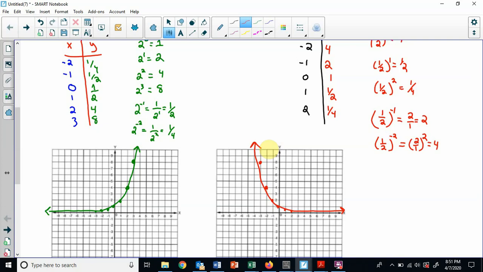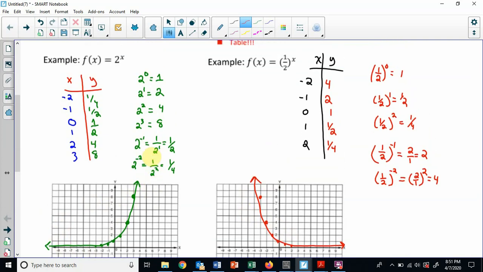So now let's talk about these. I guess the worst way to explain them is they kind of look like L's, right? And I know which way the L is going to be going depending on the base. Okay, so this base is 2, this base is 1/2. If this base is some sort of fraction or decimal in between 0 and 1, you're going to get this shape over here.